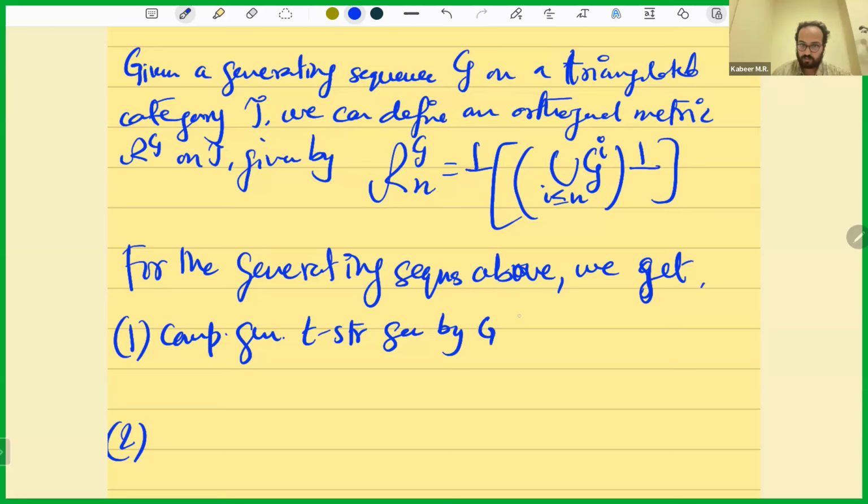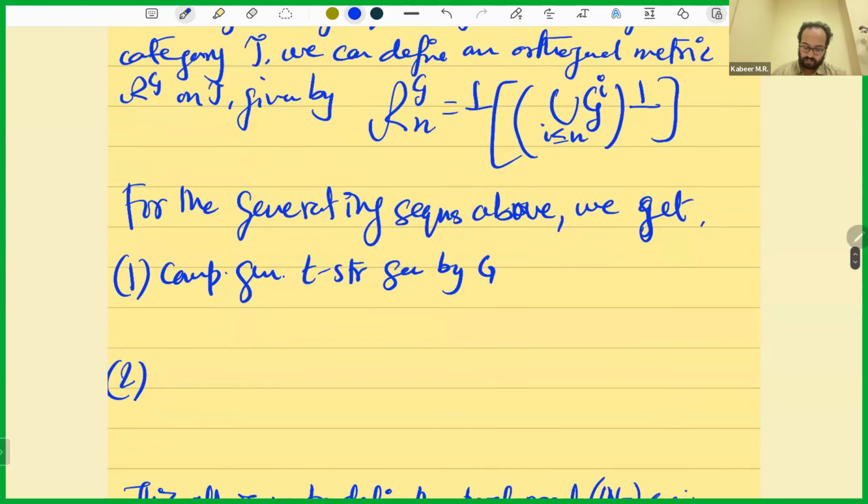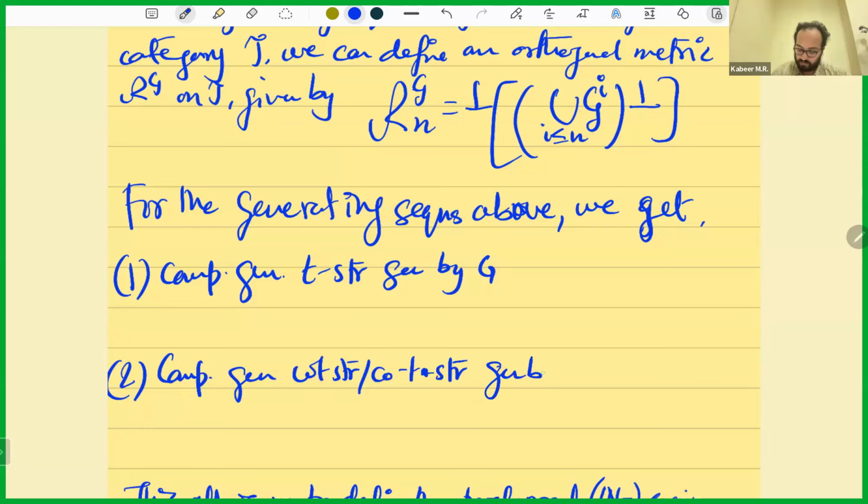This is as in the work of Alonso, Jeremías and Souto. And in the second case, we get the compactly generated weight structure, co-t-structure, generated by G. This is as in the work of Bondarko and Pauksztello. So we get natural metrics, or natural objects, using these things.